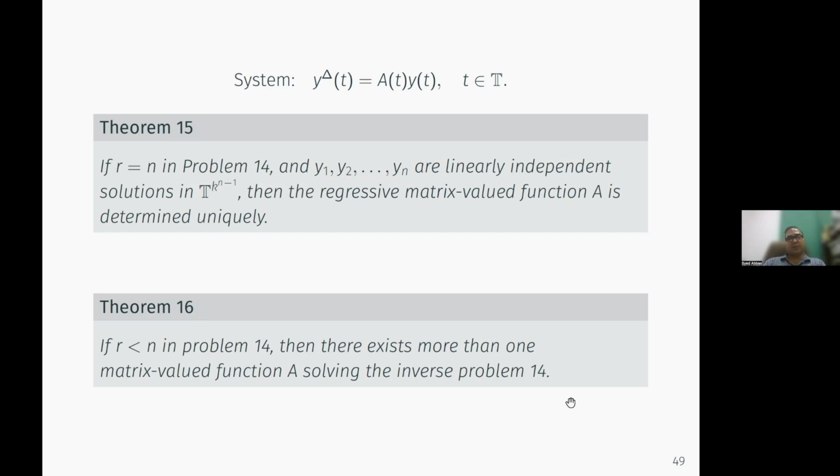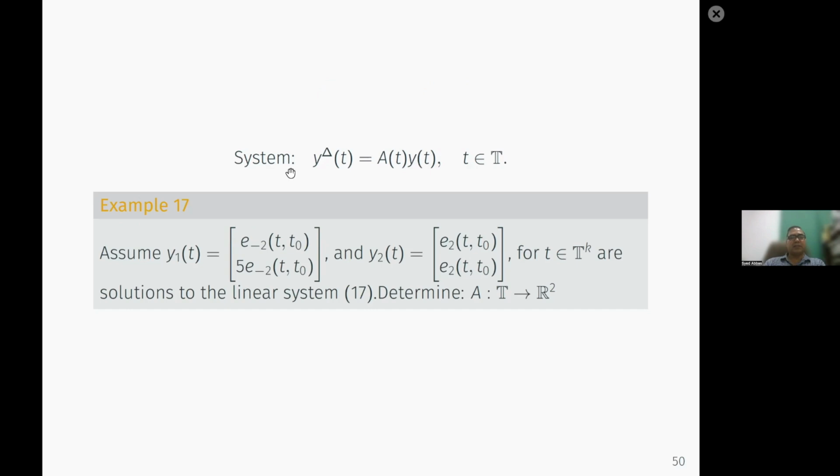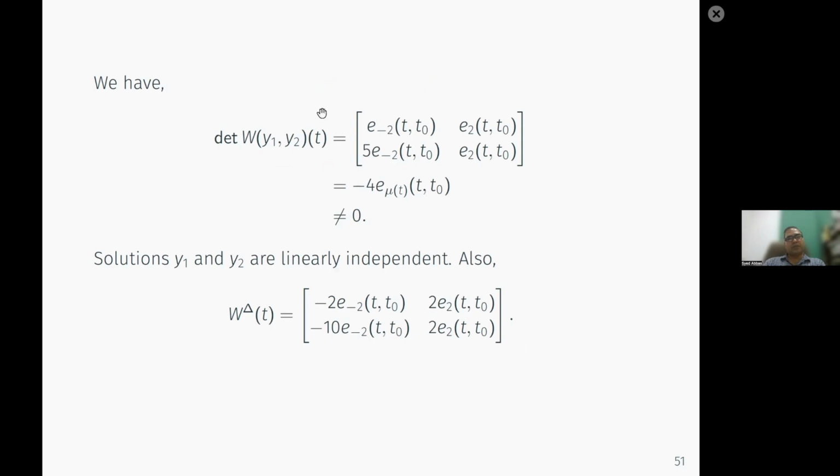And this we again illustrate by considering this example. Suppose we have this system, y del t is A(t) y(t), and we assume that y1(t) and y2(t) are solutions to this system. We want to determine A given these y1 and y2. In order to determine this, we first compute the determinant of W(y1, y2)(t), which is non-zero.